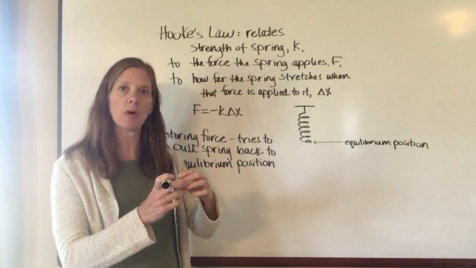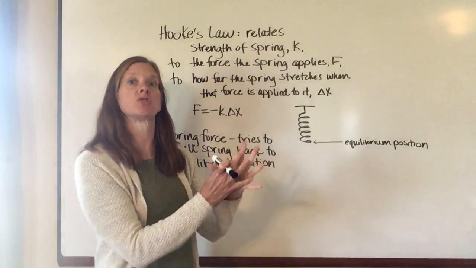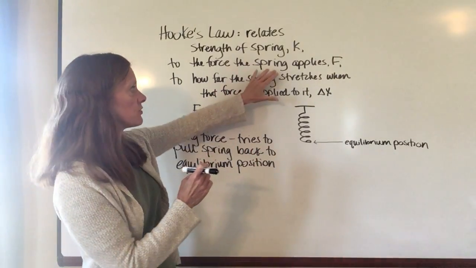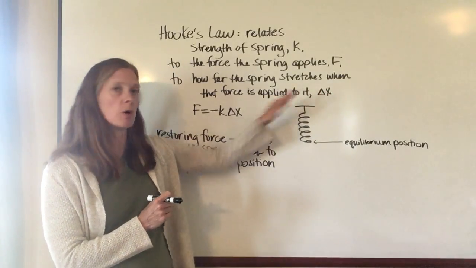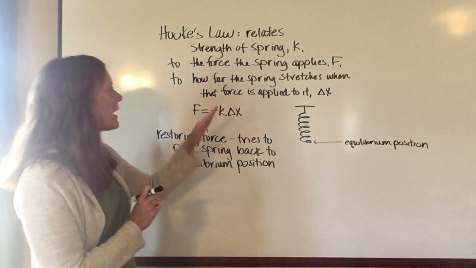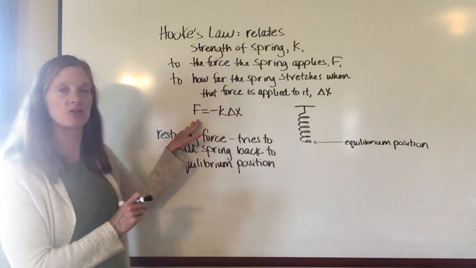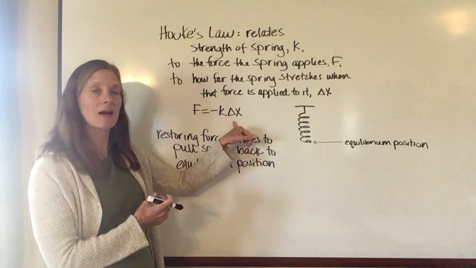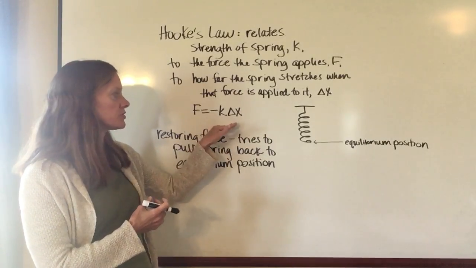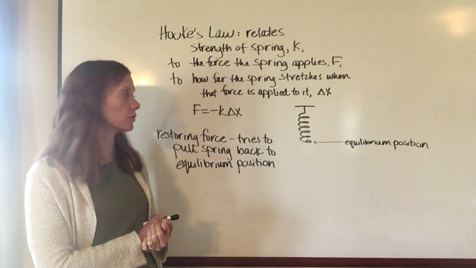If you stretch the spring, it wants to spring back again. So the force the spring applies depends on how far the spring stretches. The equation is a very simple linear relationship: F equals negative K times delta X. In a few minutes I'll show you an example of how to use that.